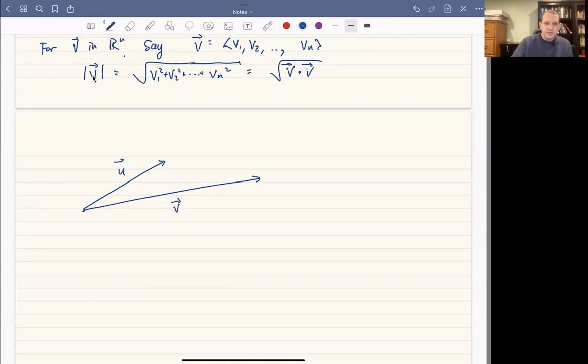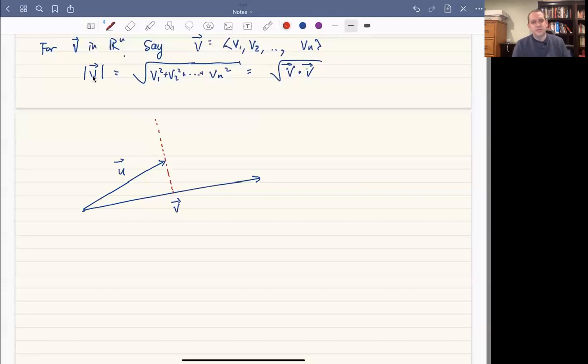And what I want to do is pretend that I can kind of walk around the vectors, and I'm going to take a flashlight and stand here and project the flashlight onto that vector. So this is what's called an orthogonal projection. What I mean by orthogonal is that I'm going to stand on the line that passes through the tip of u and is orthogonal to v.